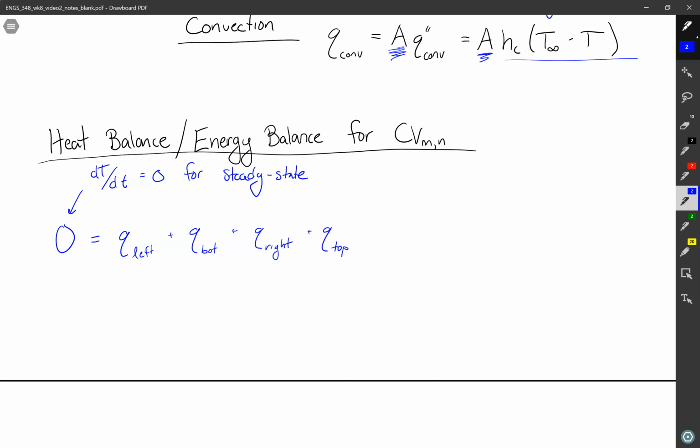So this is our energy balance equation. The change in energy, or the change in stored energy, which is 0 for a steady state system, is equal to the energy coming in from each of these sides. Let's look more specifically at what that is.